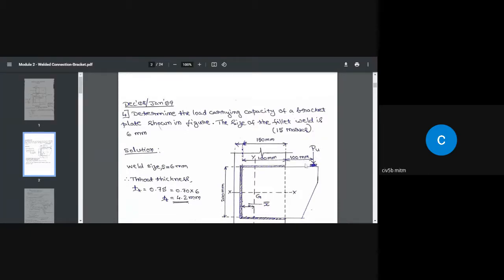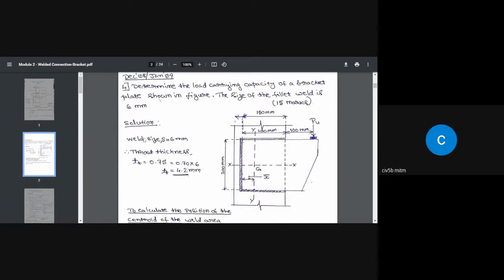When we are analyzing and designing, we always find out the PU value, that is the design load. Once you find the PU value, divide it by a load factor equal to 1.5 to get the value of P, and that is the load carrying capacity of this bracket connection.